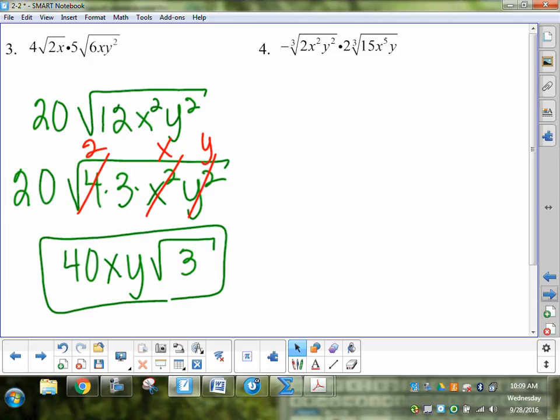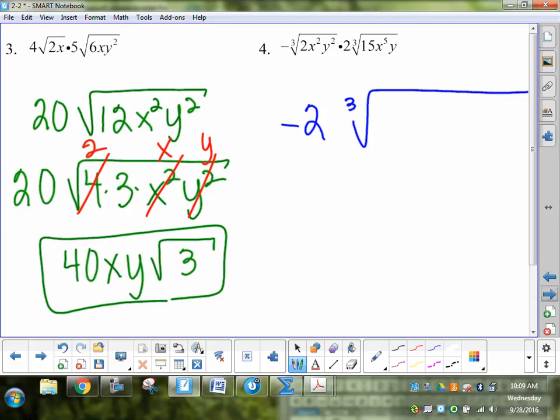Next one up for number 4. Looking at what's there, Sam, what do you get when you multiply your coefficients together? And then I've got the cube root of, what is under that cube root?